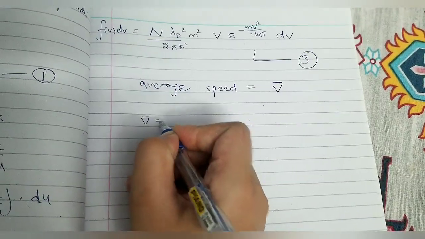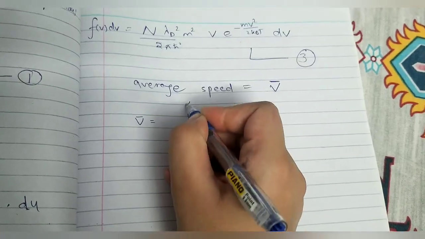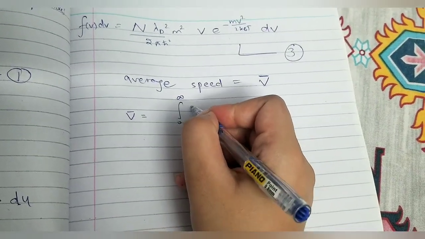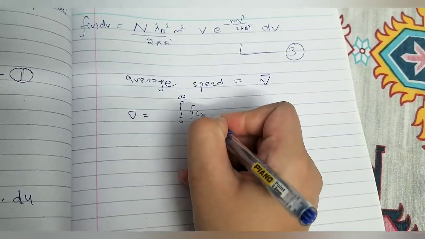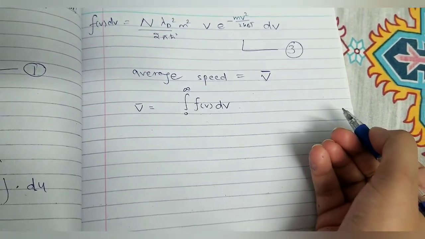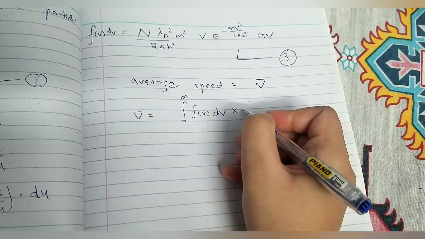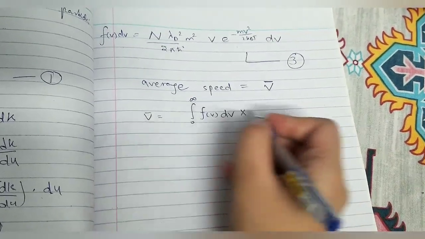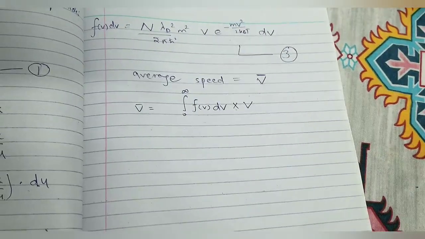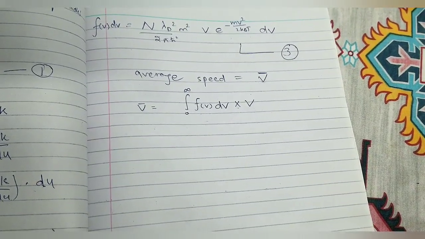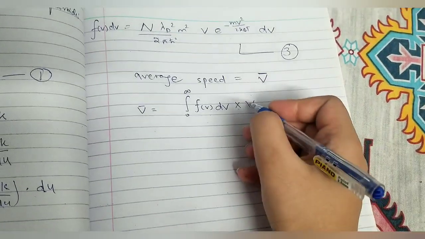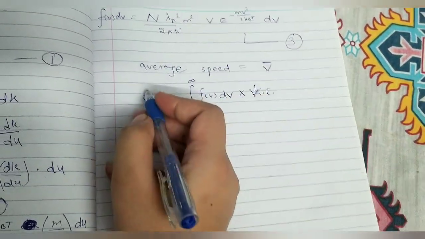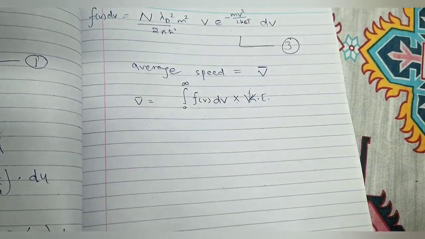So v bar would be equal to the integral from 0 to infinity of this distribution function multiplied by the variable whose average needs to be calculated, which is speed, so we'll multiply it with speed. If you want to find the average kinetic energy, for example, then we'll use the kinetic energy term here.